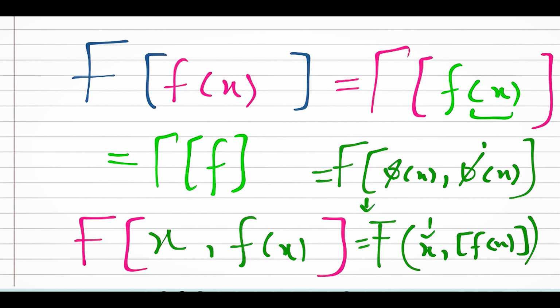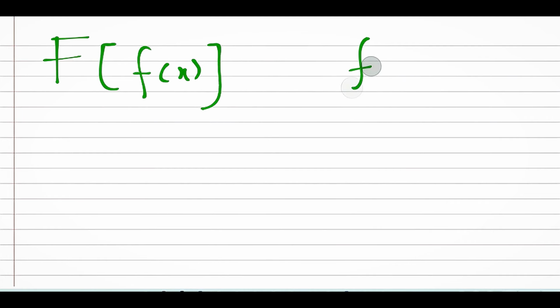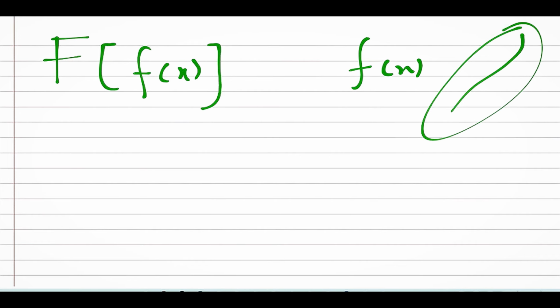And I also really hope that you got a clear idea about the input of functionals, which is a continuously valued function, and this f of x is the whole curve. It's the whole curve, all of it, not a single point. It's not defined at a single point.